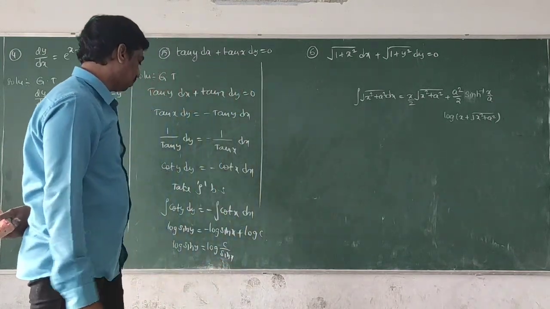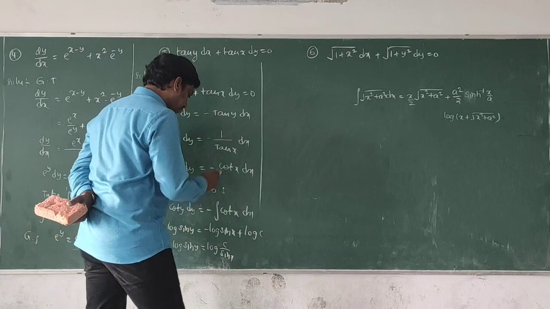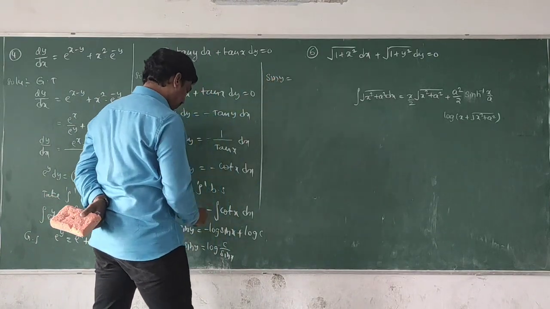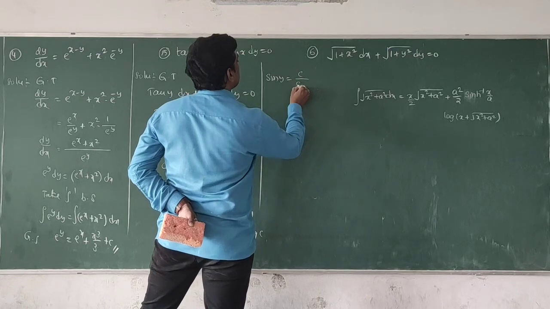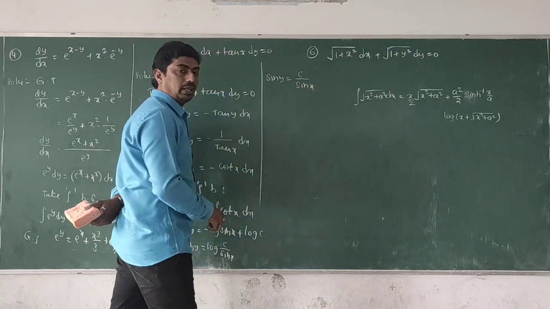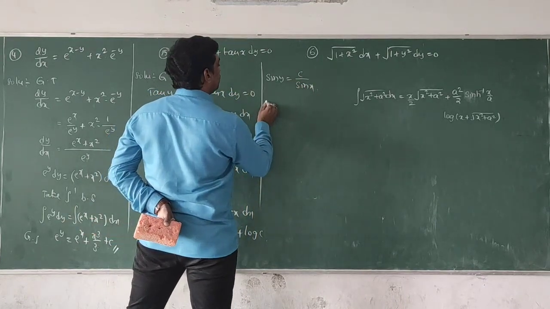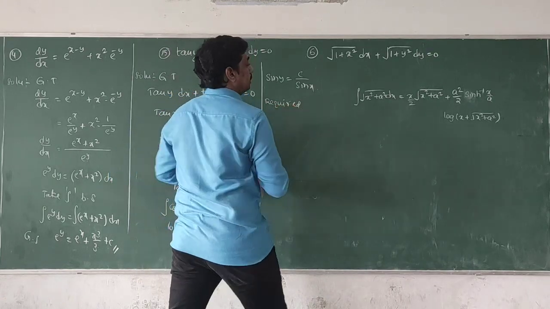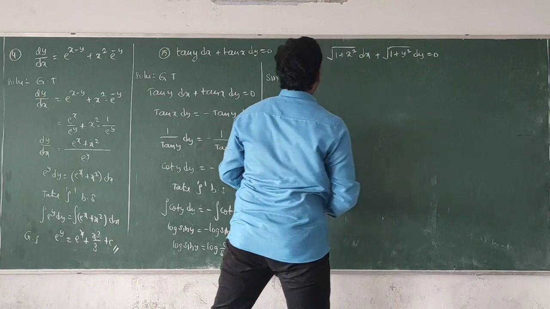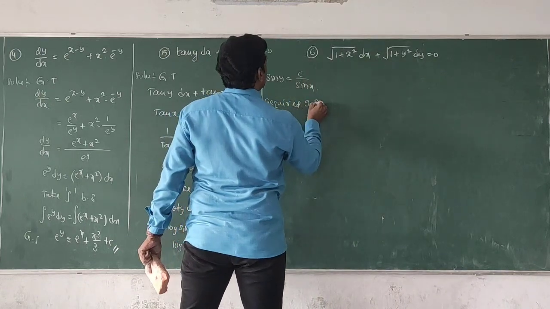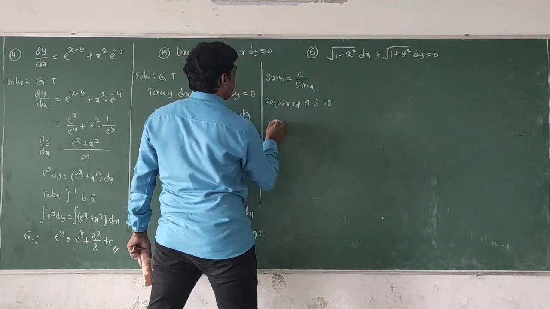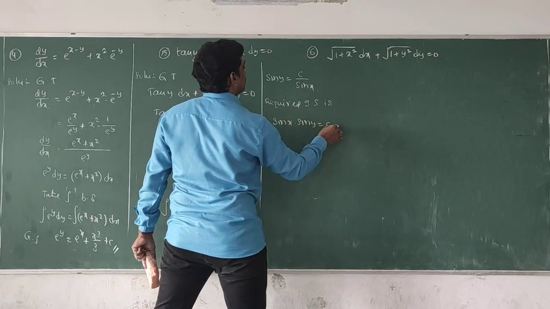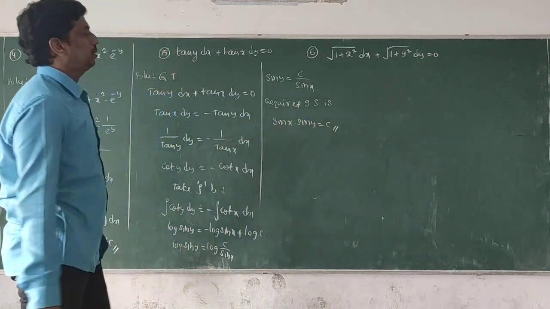Then sin y equals c by sin x. Do the cross multiplication. Required general solution is sin x into sin y equals constant. That's the end of the solution.